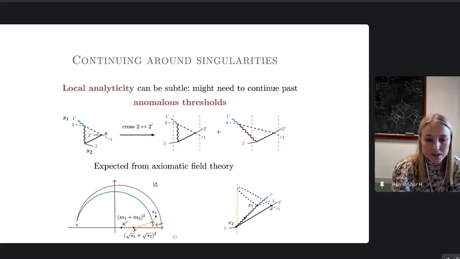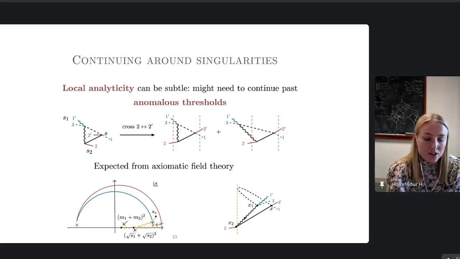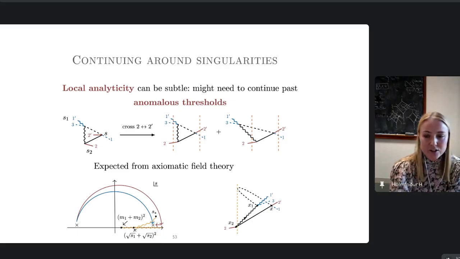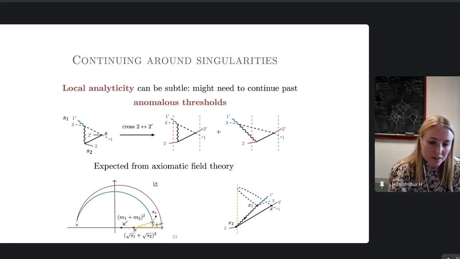We have to go to high enough energies, do the analytic continuation there, and as we continue down, we might have to wiggle away some thresholds to actually get to the correct value. Here, the red value is the correct one after the analytic continuation for this triangle diagram. The blue value, which we would get from doing the analytic continuation at low s, would not be correct.